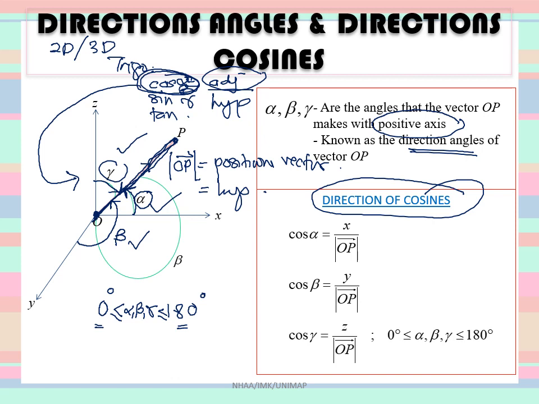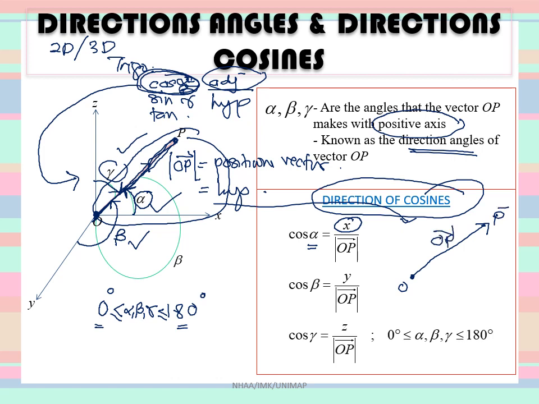If you find alpha, which is the angle from the x-axis, you take the value of x over the hypotenuse. If we redraw this, that is vector OP, and this is always your x.